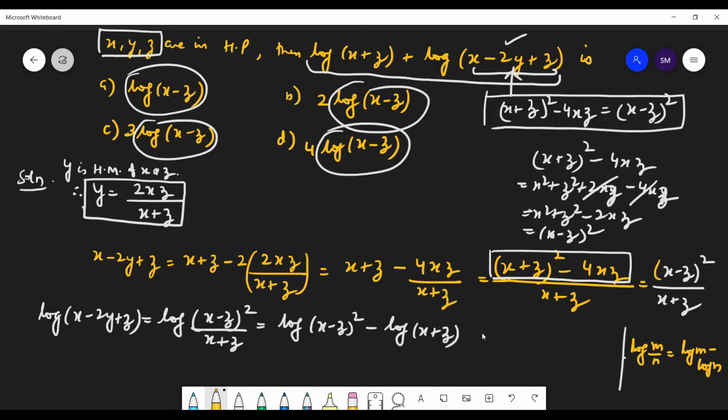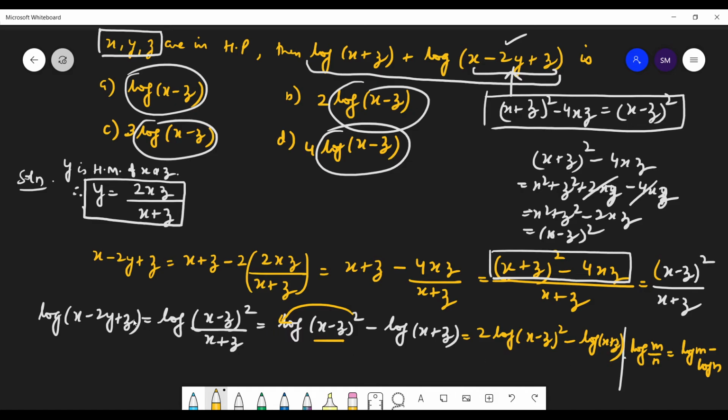Okay, so you are getting what you need, log x minus z. So bring 2 forward. So what do you get? 2 log x minus z, minus log x plus z.